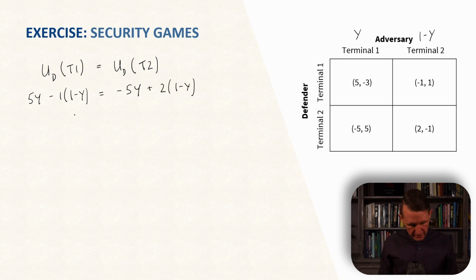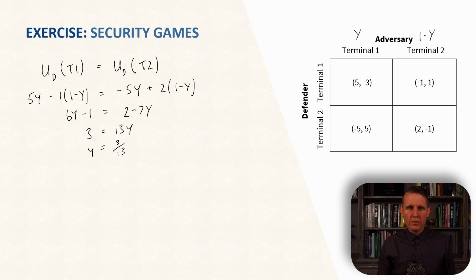We can simplify this left side to 6y minus 1, and the right hand side 2 minus 7y. We can now move the y's to the same side, which just simplifies to y equals 3 on 13.